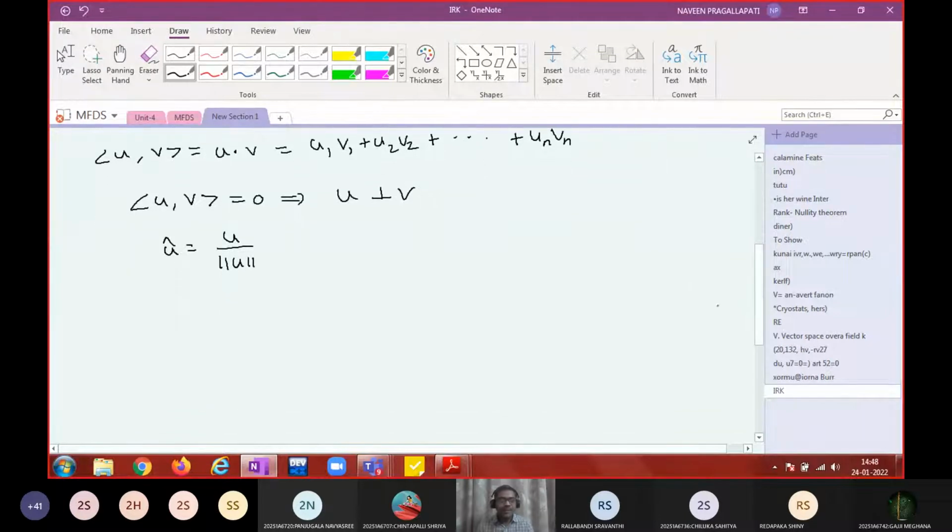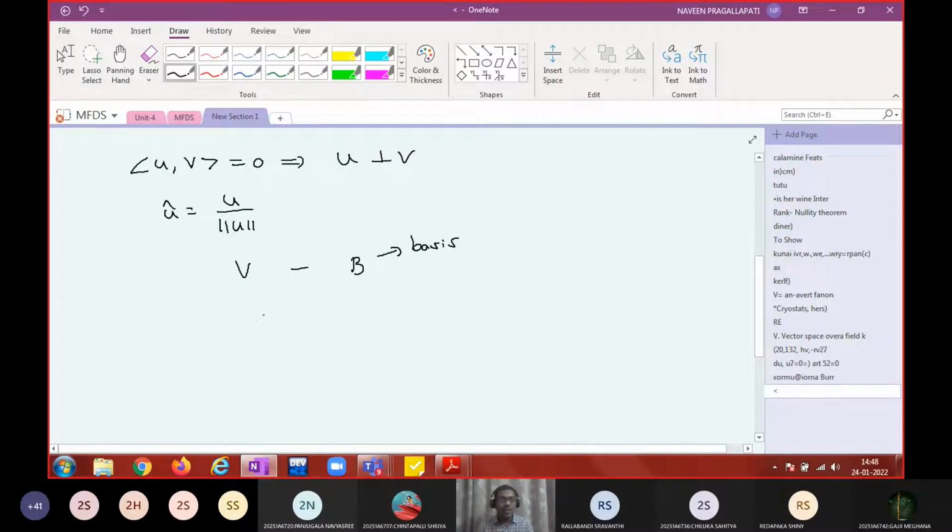And the question is, if for a vector space there is a basis B, then how to construct an orthonormal basis? That we did by the Gram-Schmidt orthogonalization process. By the Gram-Schmidt orthogonalization process, we formed the orthogonal set.